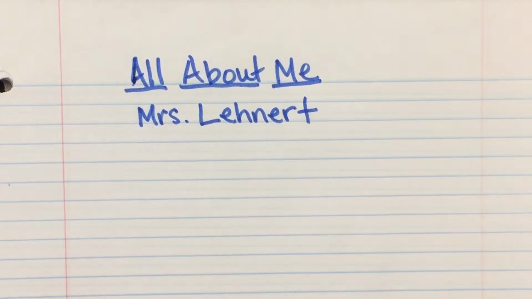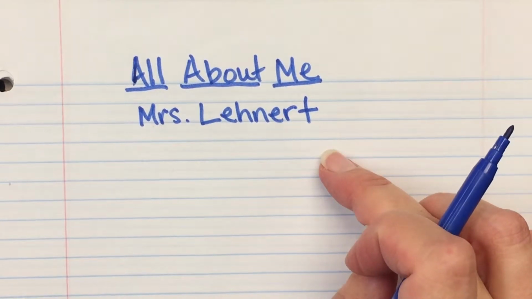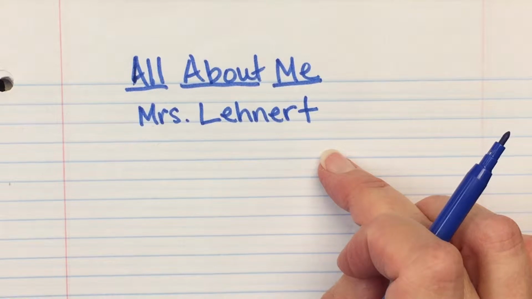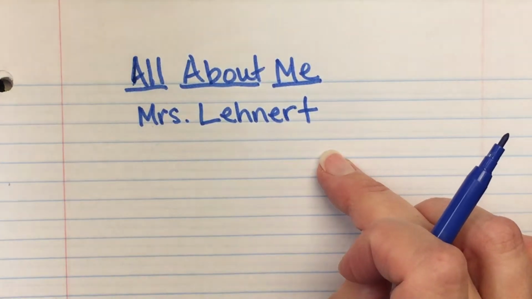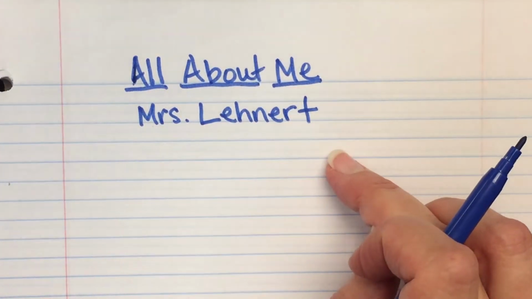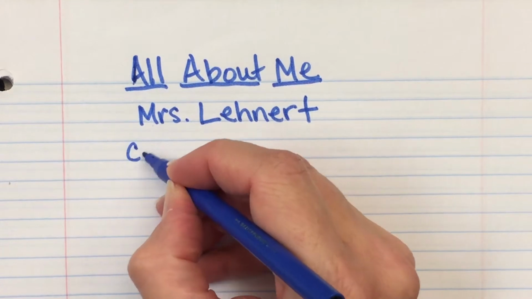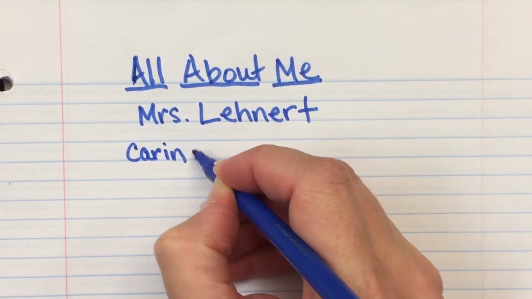Okay, next, you're going to skip another line, and you're going to write 4 descriptive traits about yourself. So these could be any number of things. For example, for me, a lot of my students have told me that I'm very caring, so I'm going to say that's one of my traits.